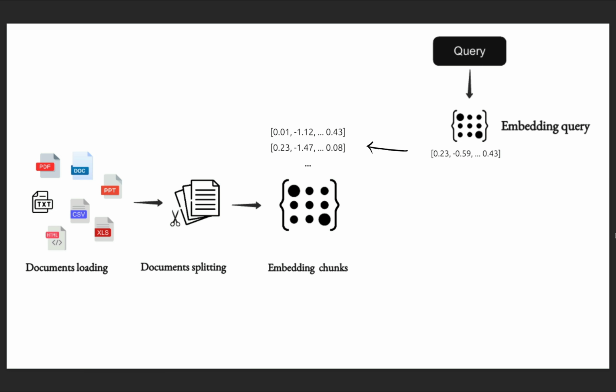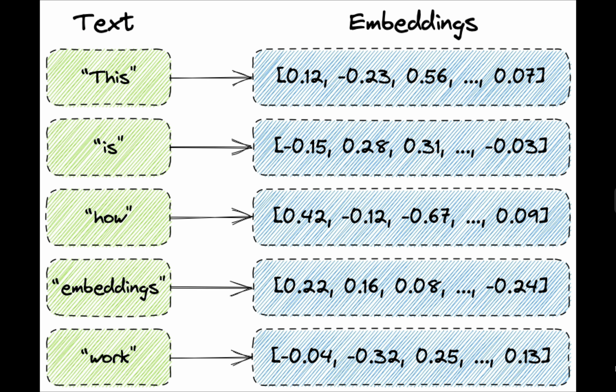And now instead of doing a simple word match, we can compare the two vectors mathematically to see which document chunks are most semantically related to the question. This lets the agent find and use the right context, not just guess. In short, embeddings turn your text into math that captures meaning. This makes it possible for an AI agent to compare, search, and retrieve the right answers based on what things mean, not just what they say.